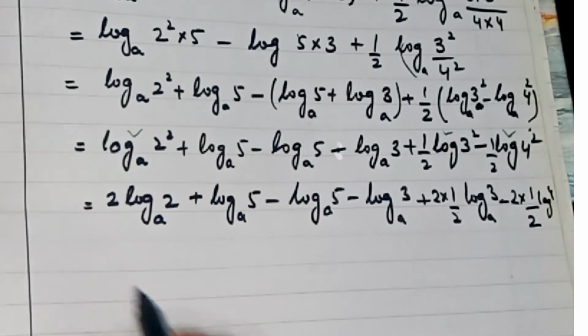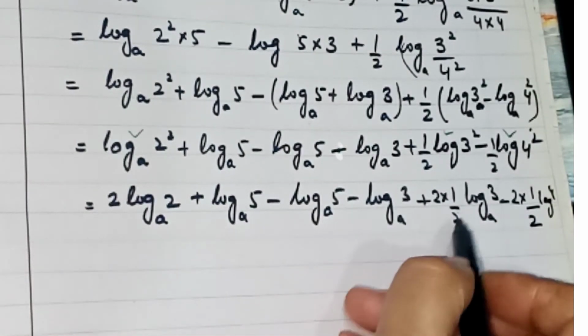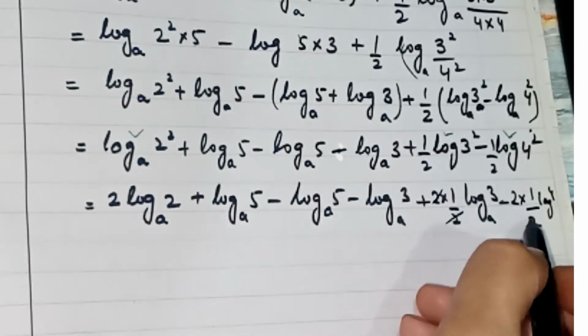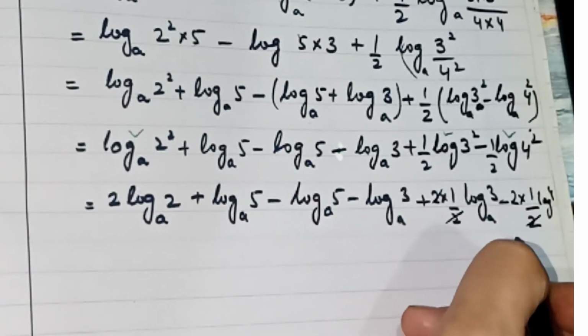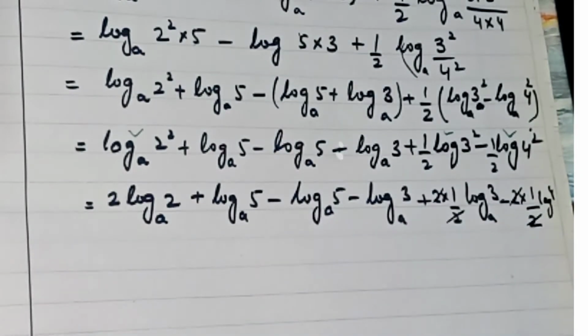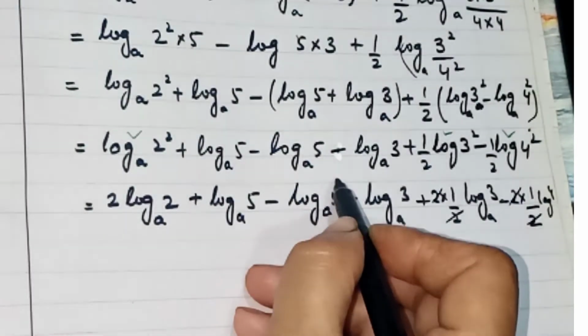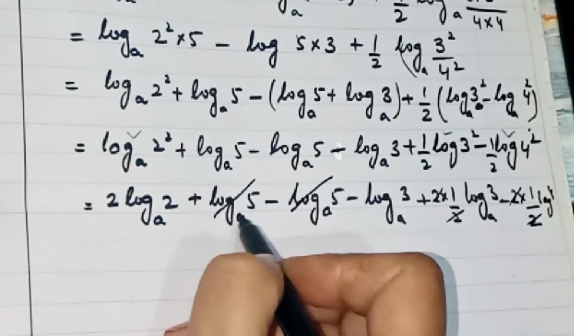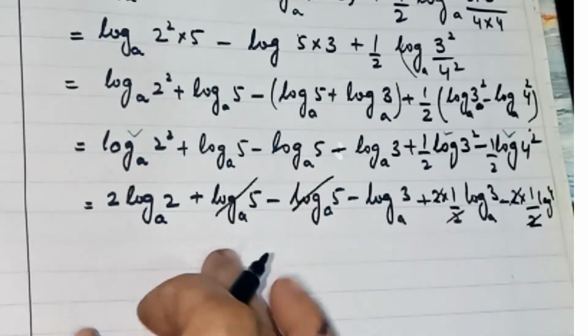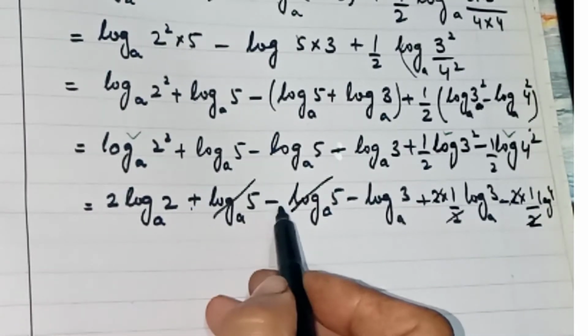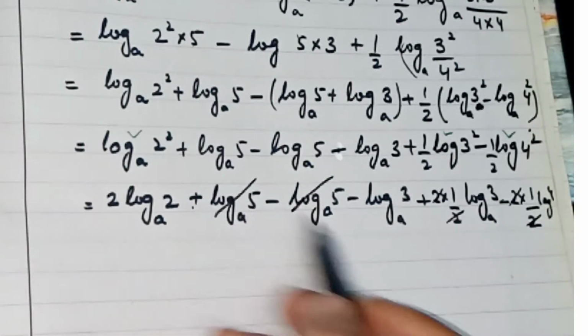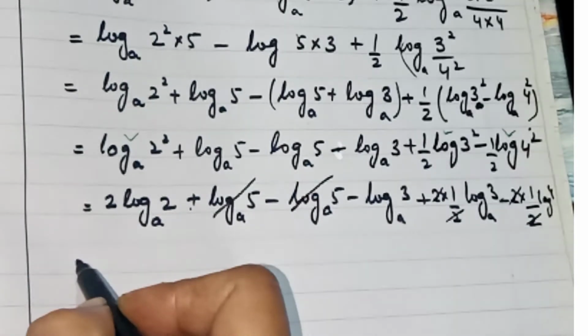So what we have to do, we have to cancel these two numbers together and these two numbers together. Okay, what we are left with, we can also cancel these two terms as they are exactly the same. So this one is with plus sign and this one is with minus sign, so we can cancel them together.